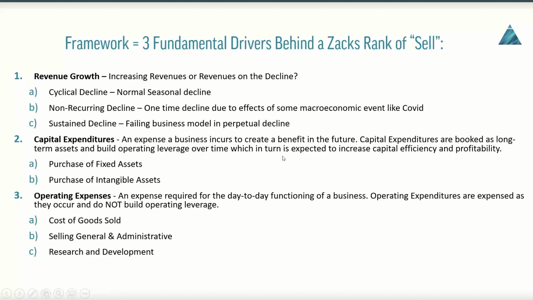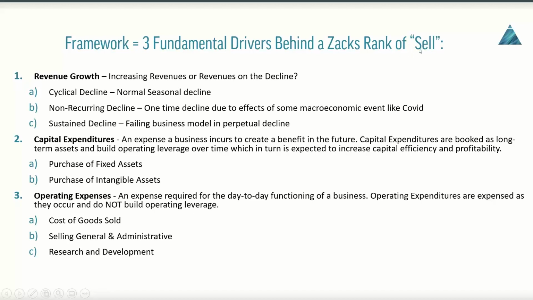The idea being that we would expect that purchase to increase capital efficiency and profitability over time. Okay, that's different from an operating expense. An operating expense is an expense required for the day-to-day operations of the business. These expenses are expensed when they occur, and they do not build operating leverage.